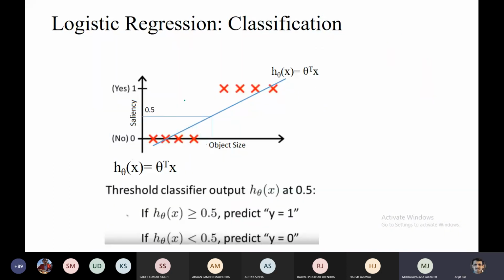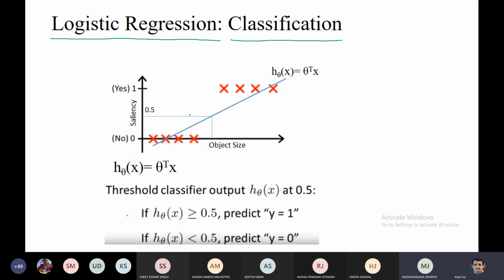Then we go for logistic regression. Okay, so what do you mean by logistic regression? In the later half, we will see logistic regression as a classification. Why is logistic regression a classification, or what is the thing?